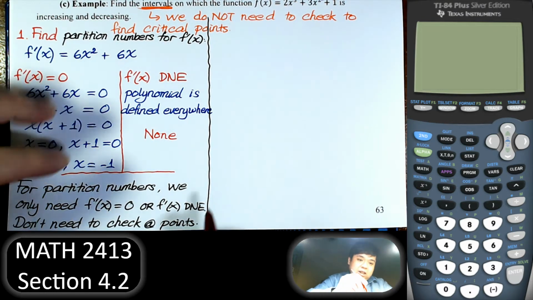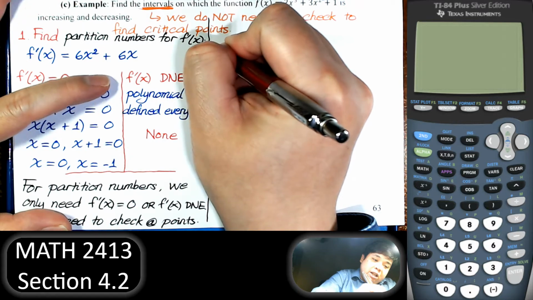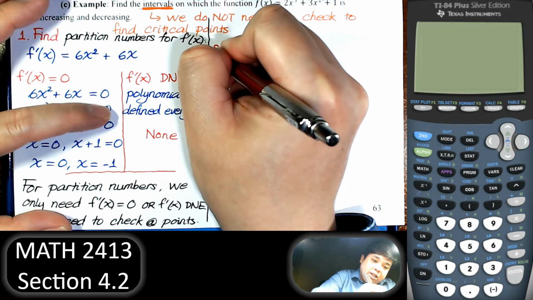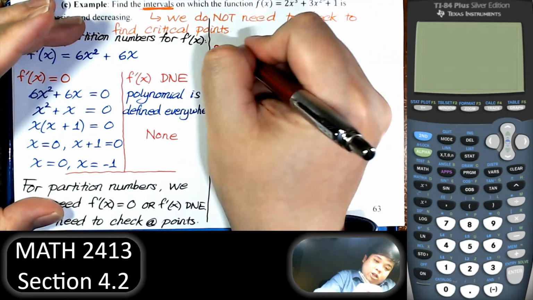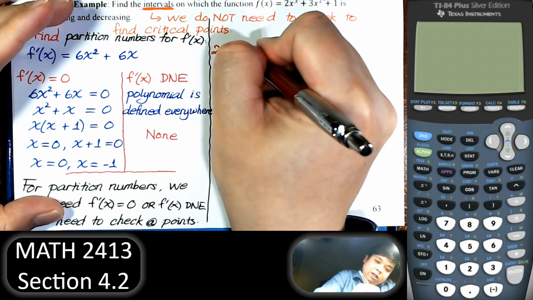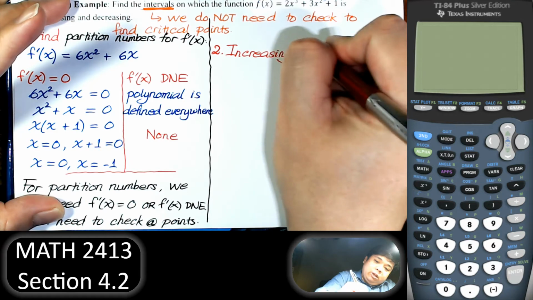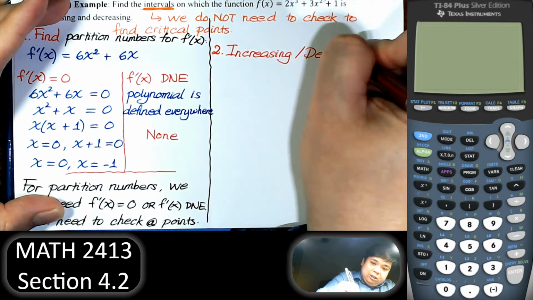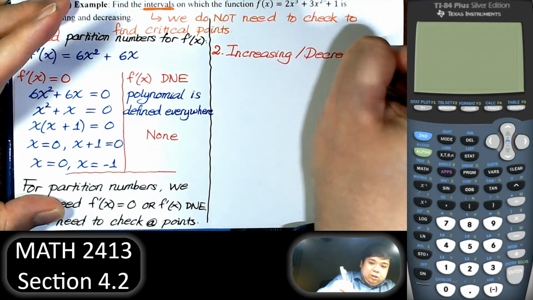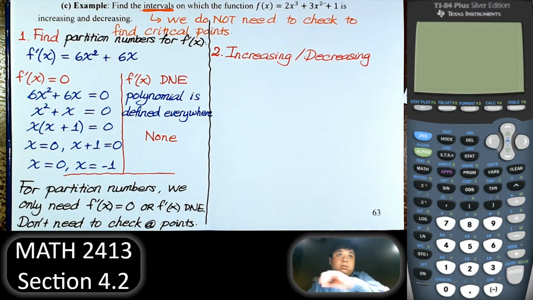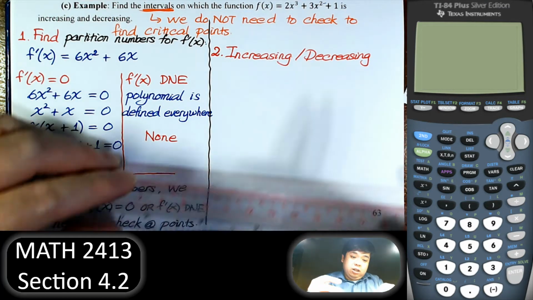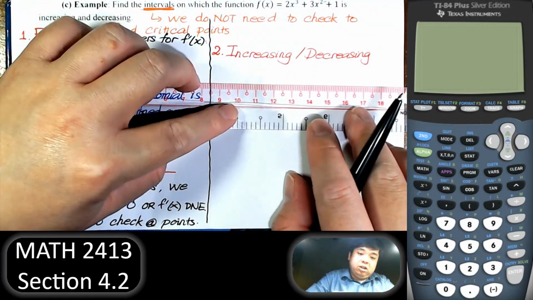And after that, we will find the interval where the function is either increasing or decreasing. So I'm going to put in a sign chart, not the table.